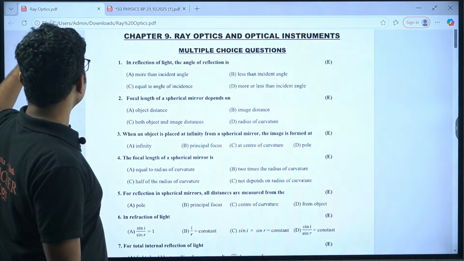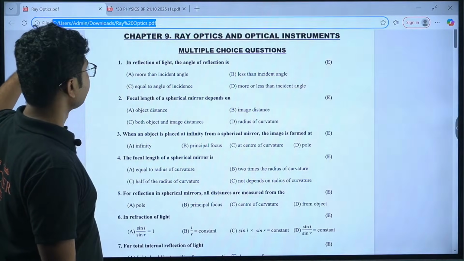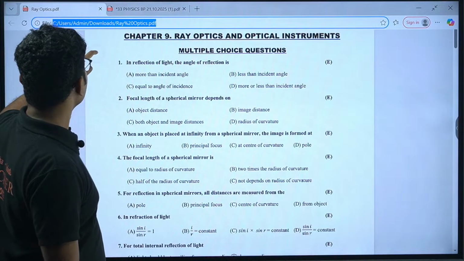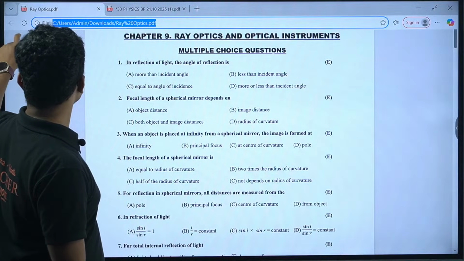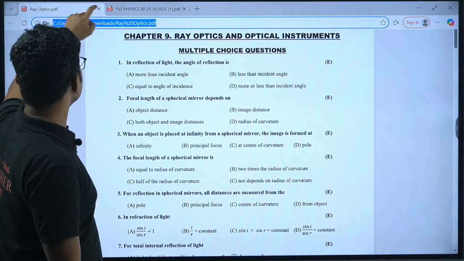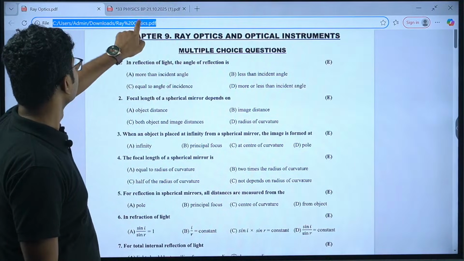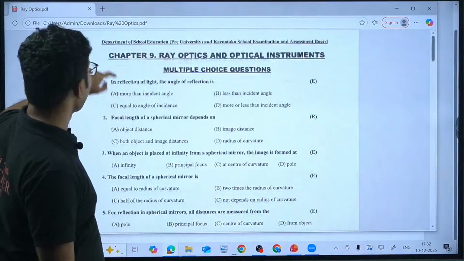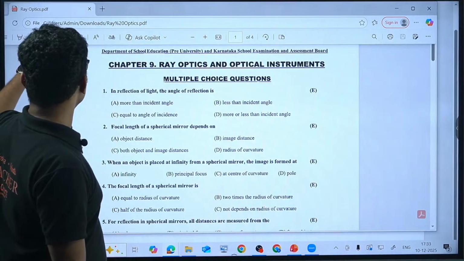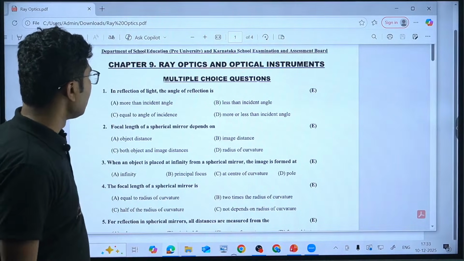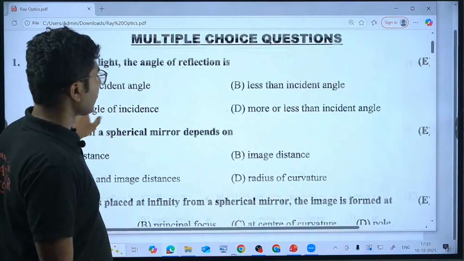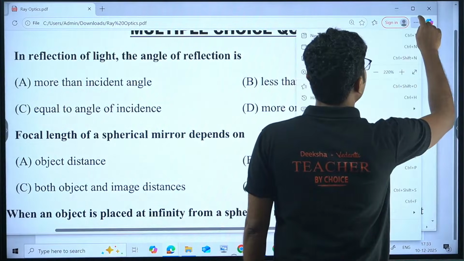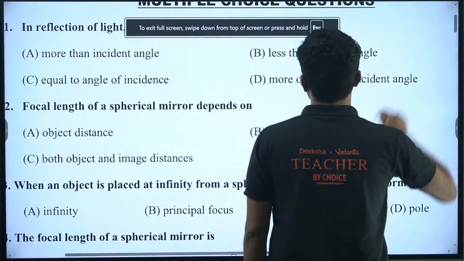Okay, so we will start with the questions. Let me zoom it in and make it full screen.